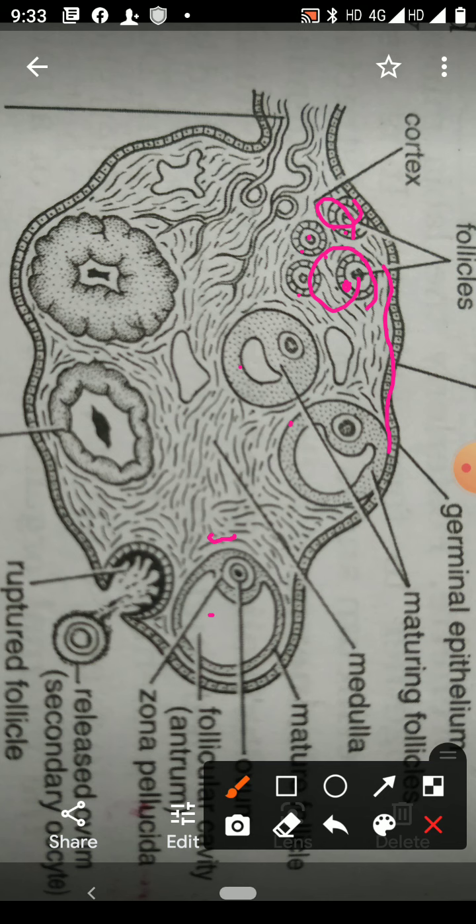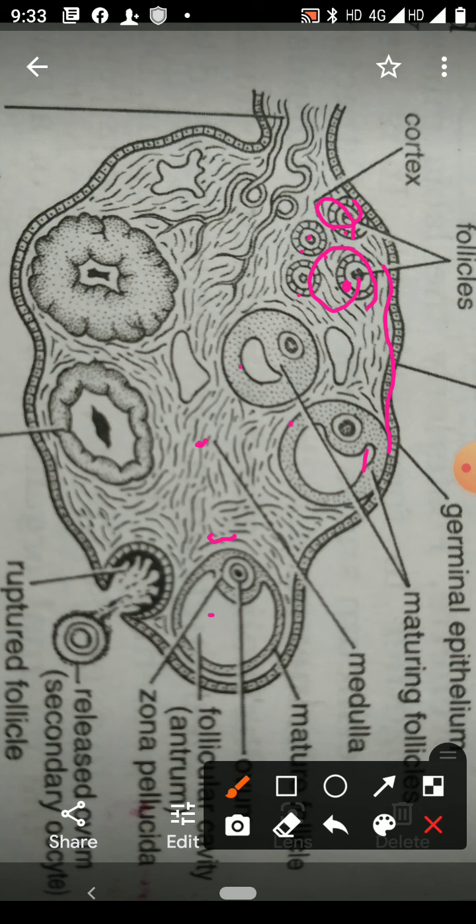These follicle cells are protective and nutritive in function. As the primary oocyte grows further, the follicle or granulosa cells increase in number. The primary follicle gets surrounded by more layers of granulosa cells. Then a new theca develops.